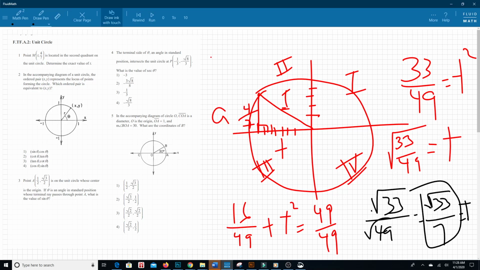So x, y has coordinates, which would be what? Keep in mind what represents y and what represents x in the ordered pair. Essentially, y is represented by sine, and x is represented by cosine. So cosine, sine. I think I had mentioned this in class before.